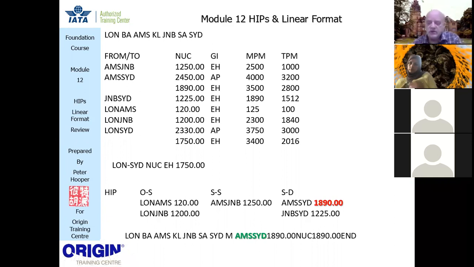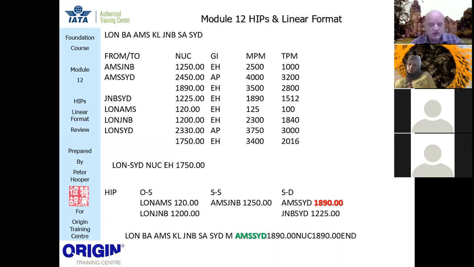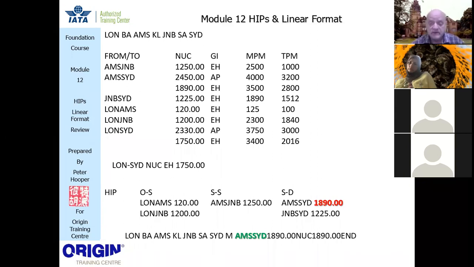You could advise your passenger when you see this fare quote, you can say, oh, by the way, this fare 1890, if you didn't stop over in Amsterdam, I could get it for you at 1750, much cheaper. So do you really need to have that stopover in Amsterdam? You can give them an option. Do you see what I'm getting at?